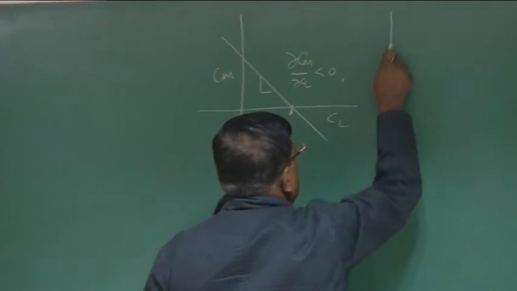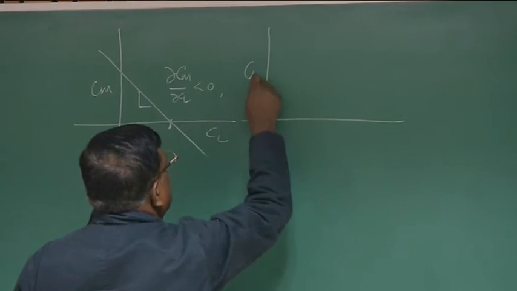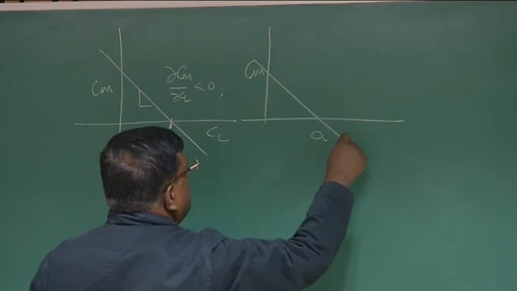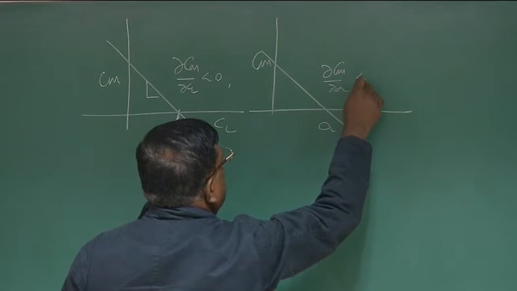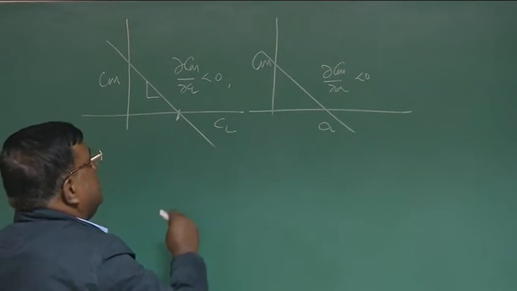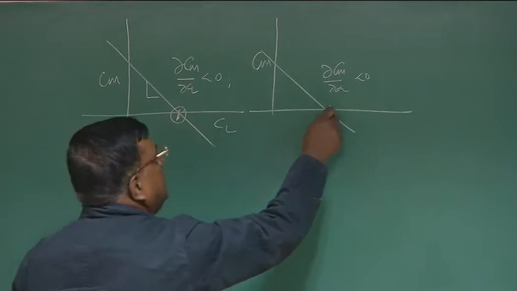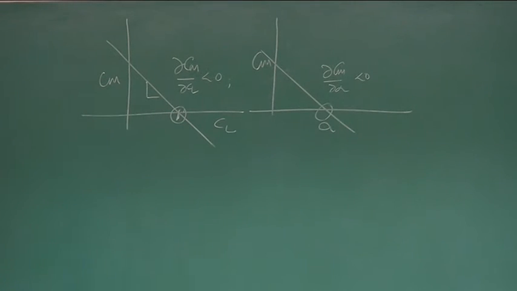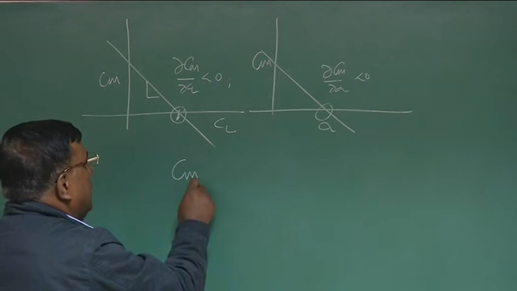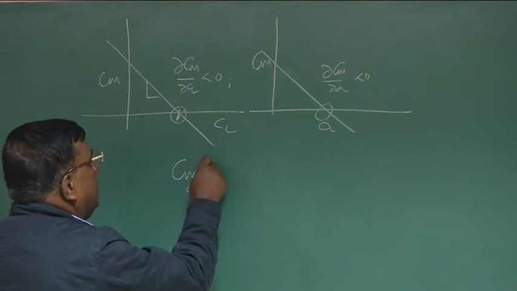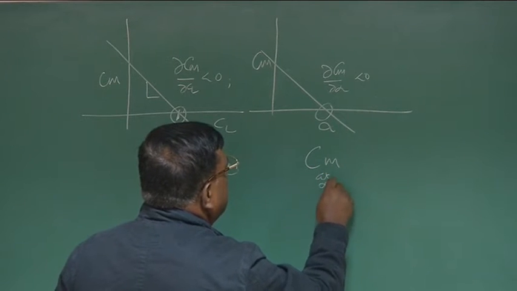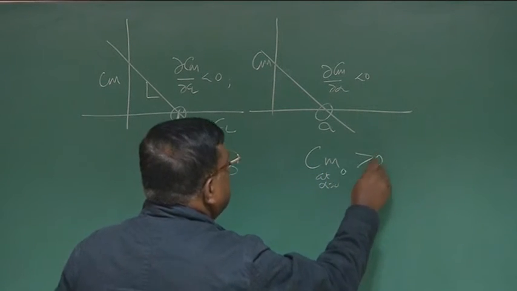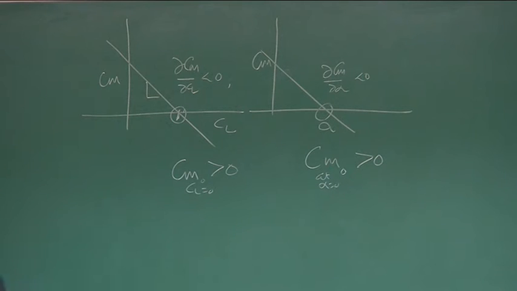And just to make things more elaborate, if I am plotting Cm versus alpha, then this condition is dCm by d alpha is less than 0. And to ensure that I can have a trim at a positive CL or alpha accordingly, I need to have Cm at CL equal to 0, which is Cm naught, greater than 0, and here Cm at alpha equal to 0, which is Cm naught, should be greater than 0. Right? This is the understanding.